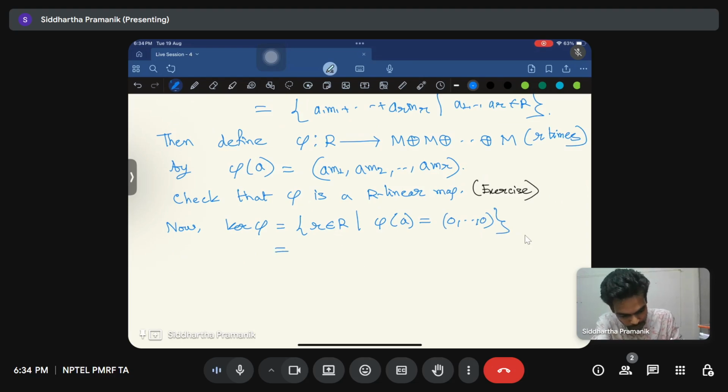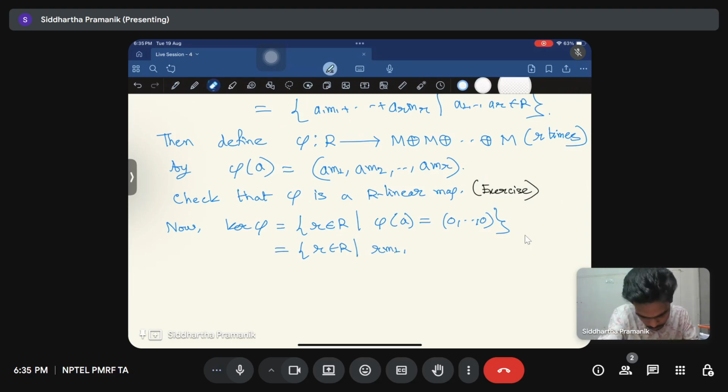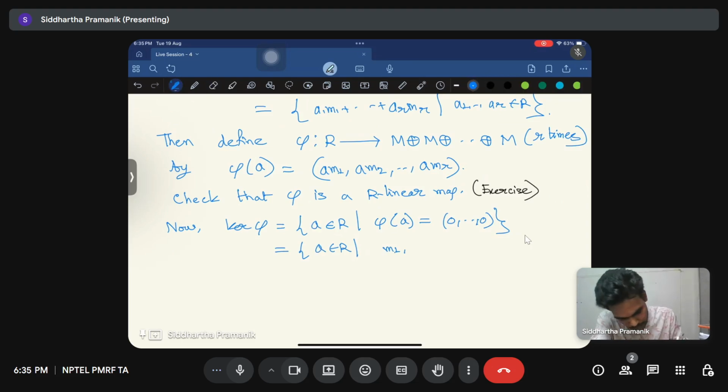So this is basically all those elements of R such that, okay, let's not take R, so again let's take a. Set of all those elements a of R such that the tuple am1 dot dot amr is basically the 0 tuple.